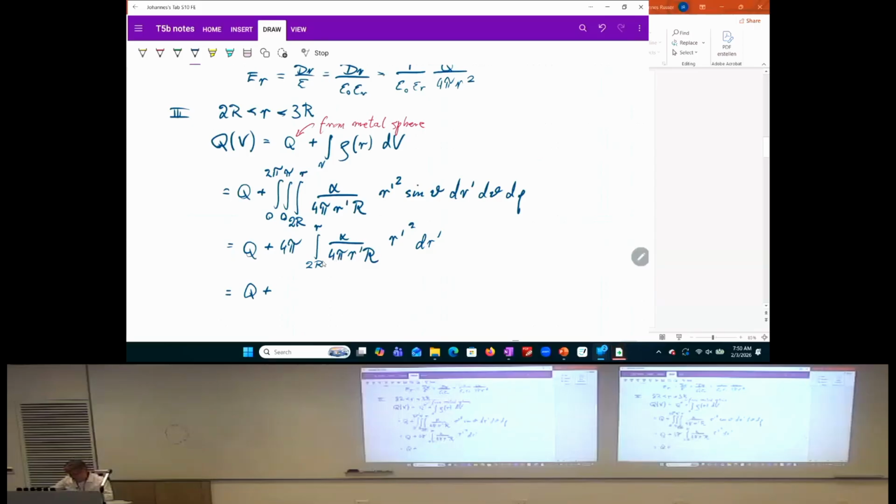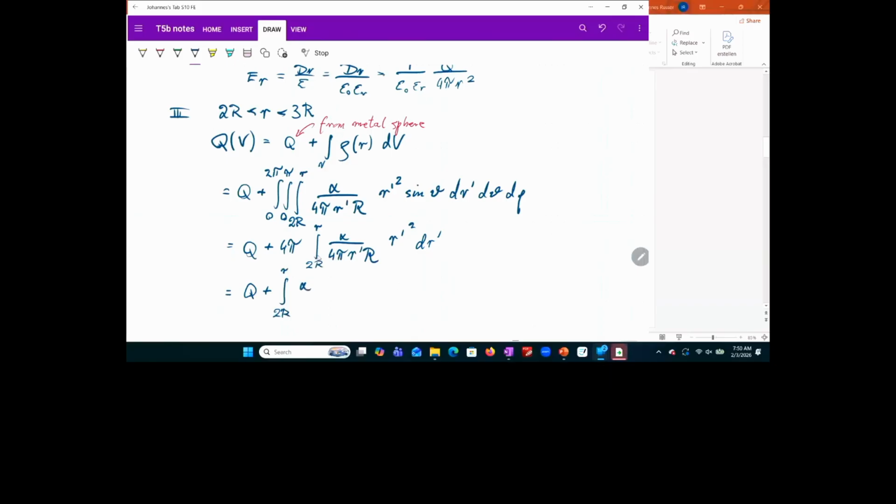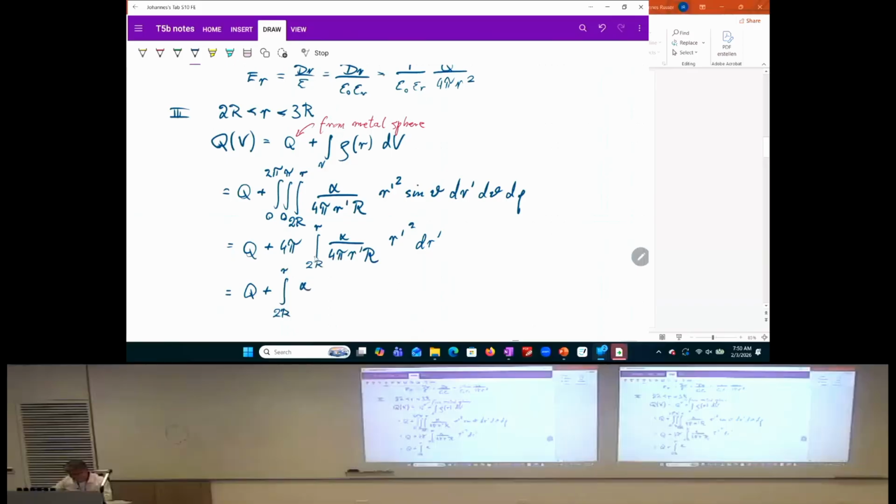So we only get 2R to small r alpha over R. And this r prime in the denominator cancels out with one of the r prime squared here. So there remains an r prime here, dr prime. So that is easy to integrate.